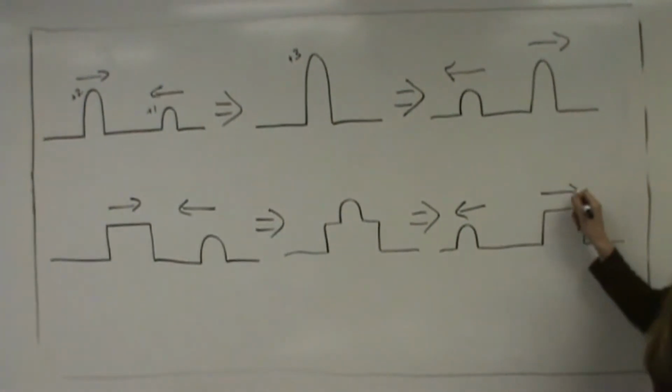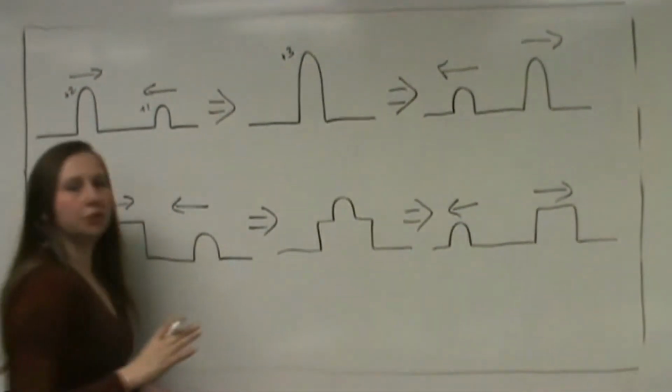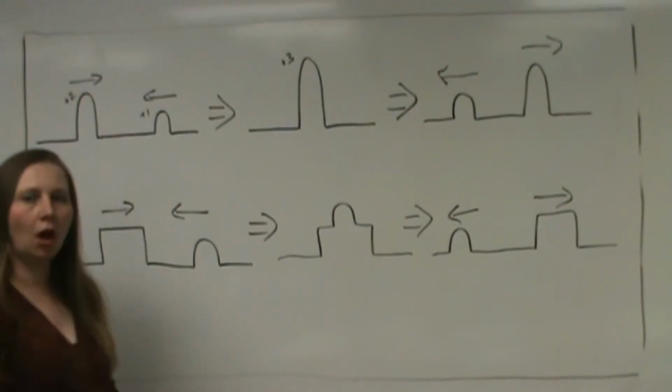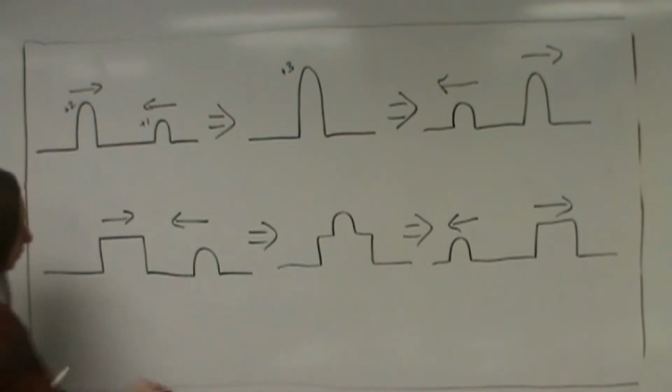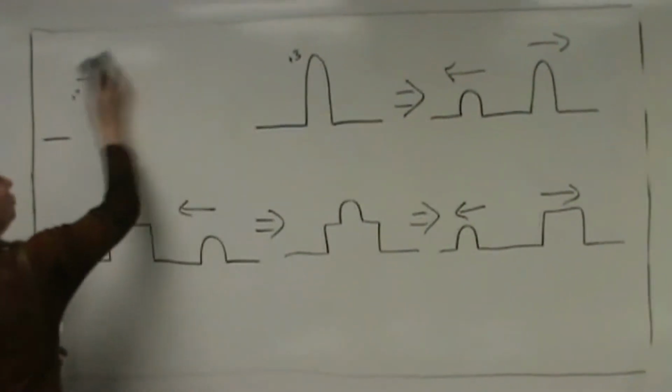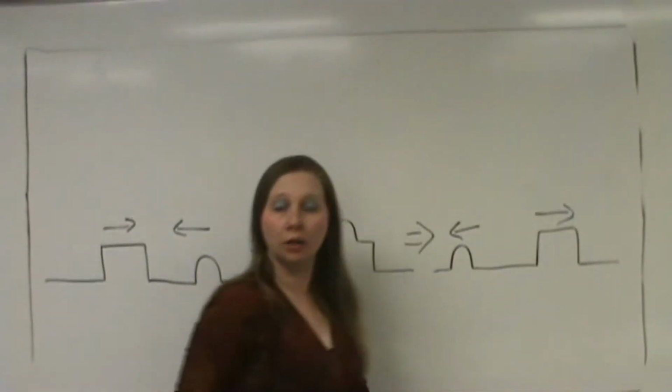You can also have two troughs. Two troughs interfering with each other will also be constructive. So for example, a trough and a trough. He's going this way, he's going this way.